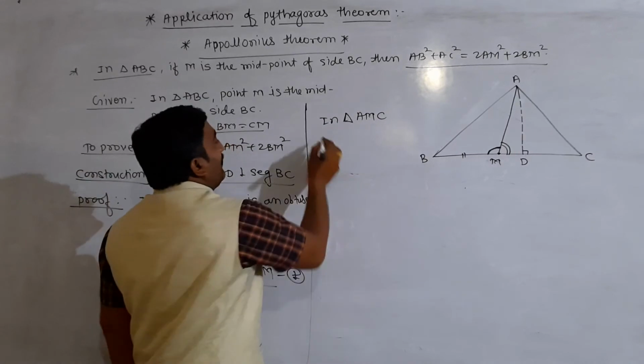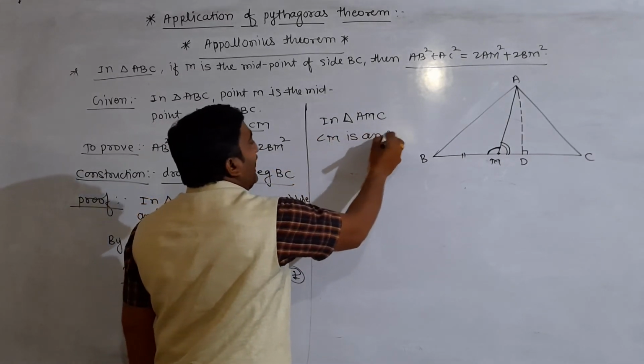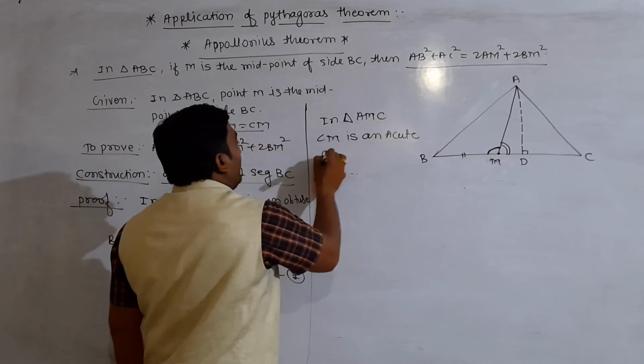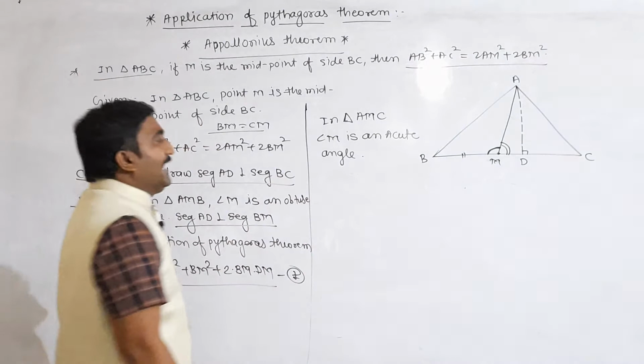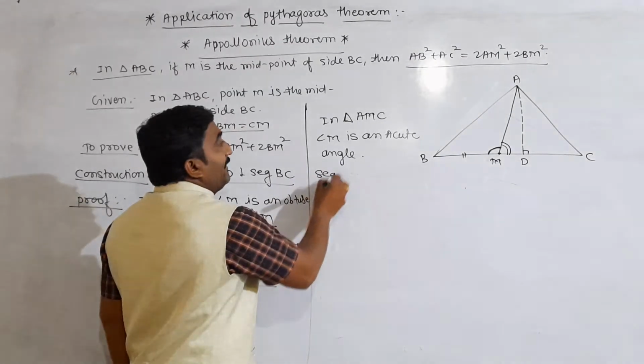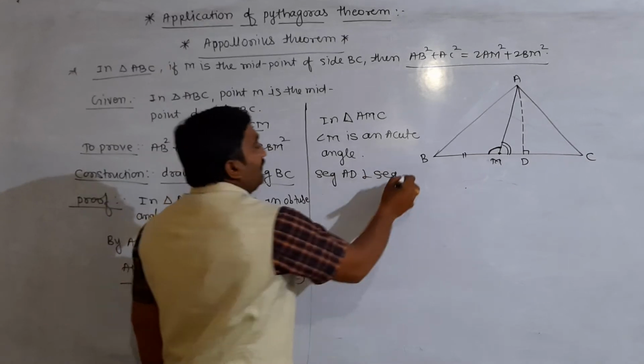This is first. Then in triangle AMC, angle M is an acute angle. Segment AD is perpendicular to segment CM.